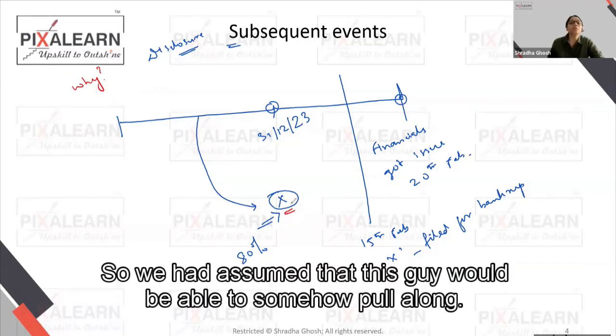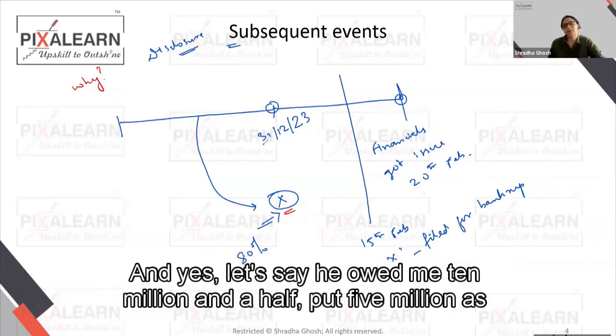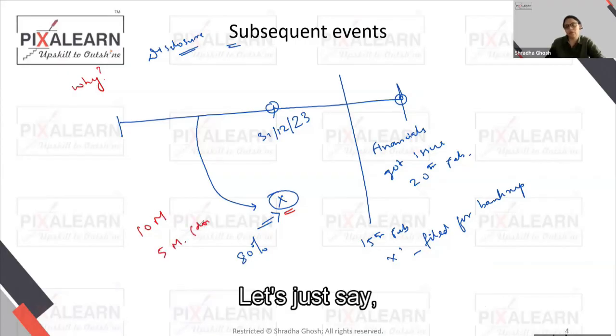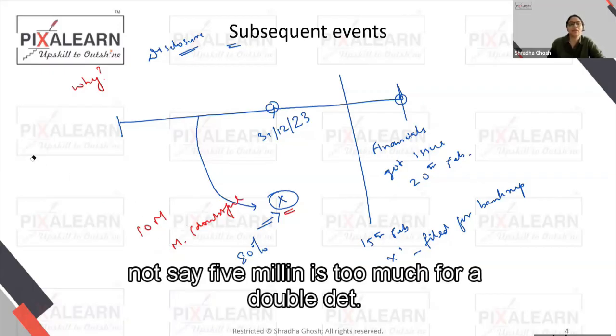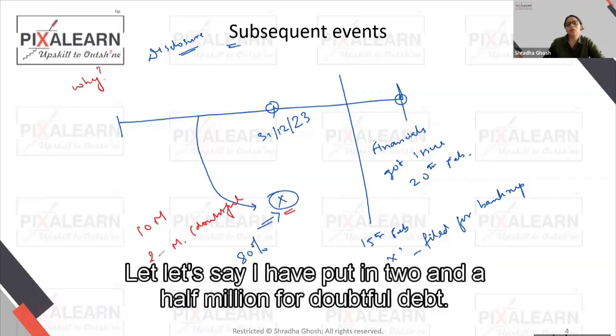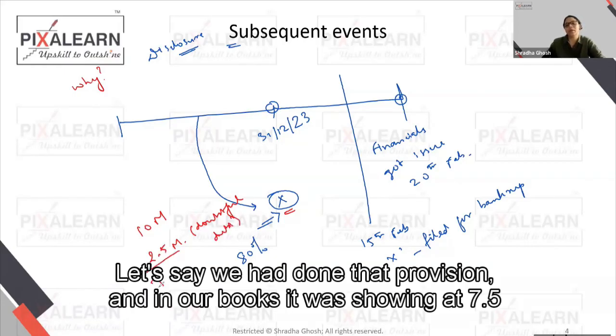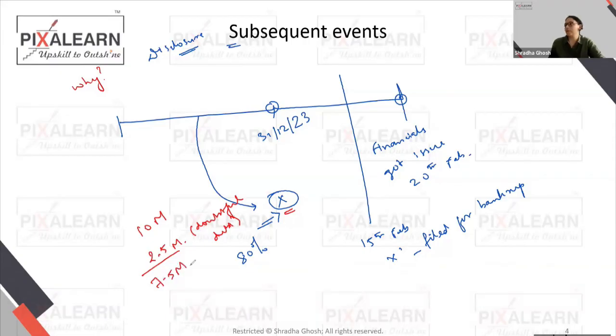We had assumed that this guy would be able to somehow pull along. Let's say he owed me 10 million and I have put in 2.5 million for doubtful debt. Let's say we had done that provision, and in our books it was showing at 7.5 million.